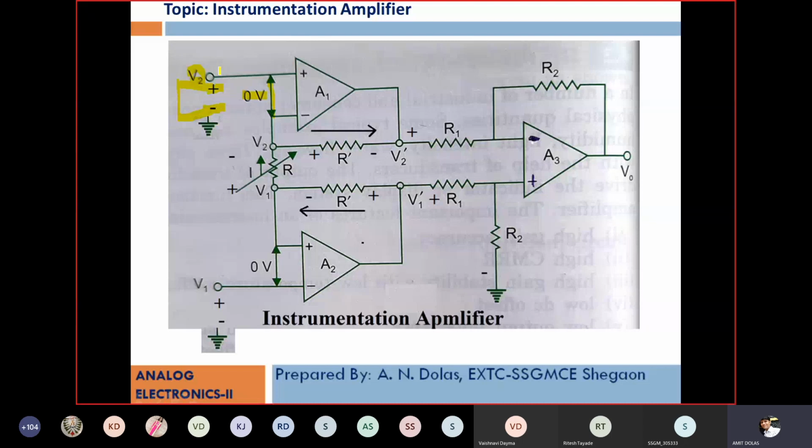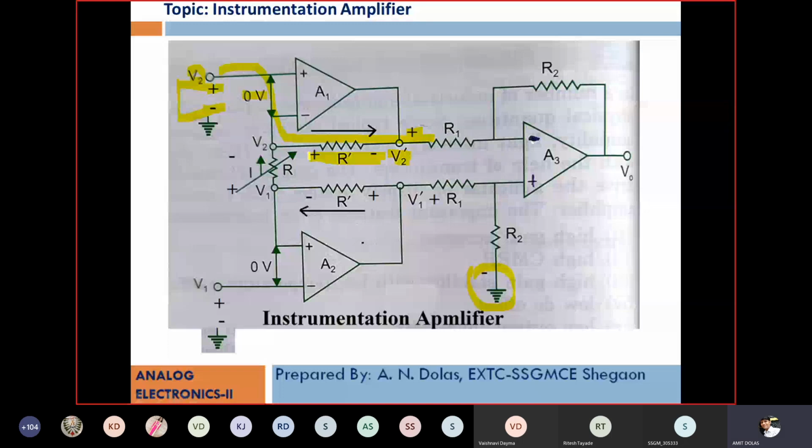I have shown highlighted it. This another one is drop across R dash, that is I into R dash and V2. V2 क्या रहेगा? V2 positive with respect to ground. Positive with respect to ground.